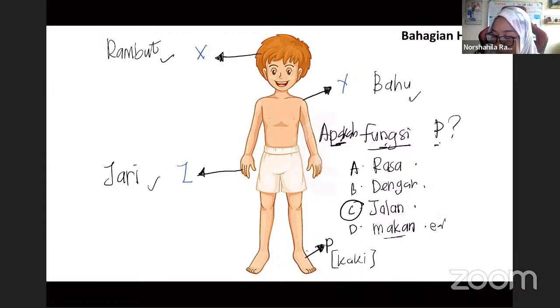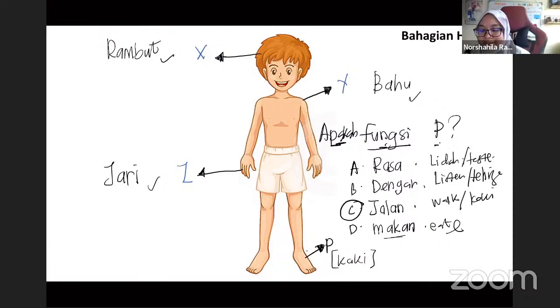So eat, not correct. Rasa, you taste with lidah. Dengar is for listening, using your telinga. And jalan means walk. How do you walk? You walk with your leg, so your leg is kaki. So the answer is jalan.